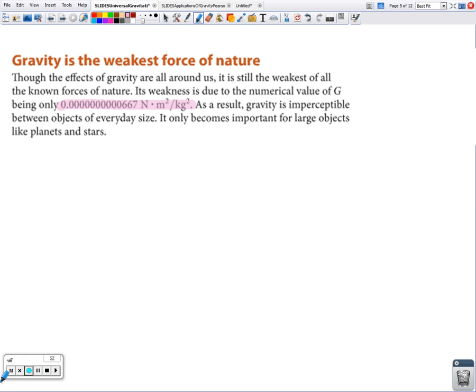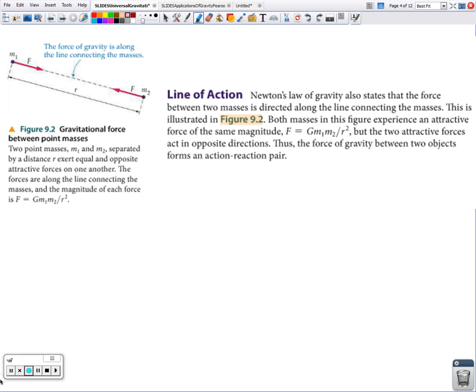The other thing we talked about yesterday was that while we think of gravity as something that pulls objects down to the ground, gravity, following Newton's third law, can't exist on its own.